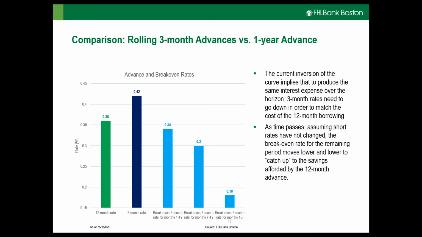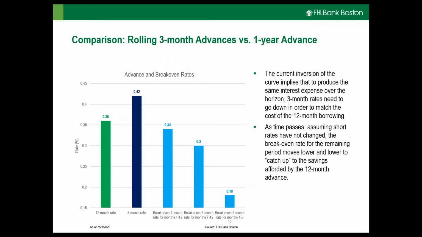So with the original 6 basis points difference, that's 36 basis points for the 1 year on day one versus 42 basis points for the 3-month, that means when it comes to the beginning of month 4 and it's time to roll the 3-month advance, the rate over the next 9 months would need to be 34 basis points in order to match the 36 basis point cost of the original 1-year advance.